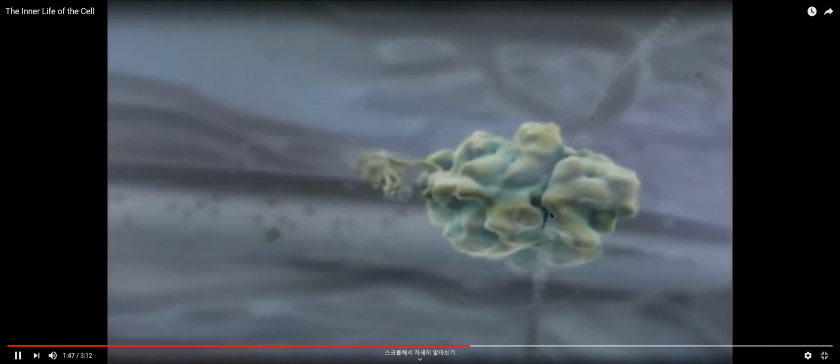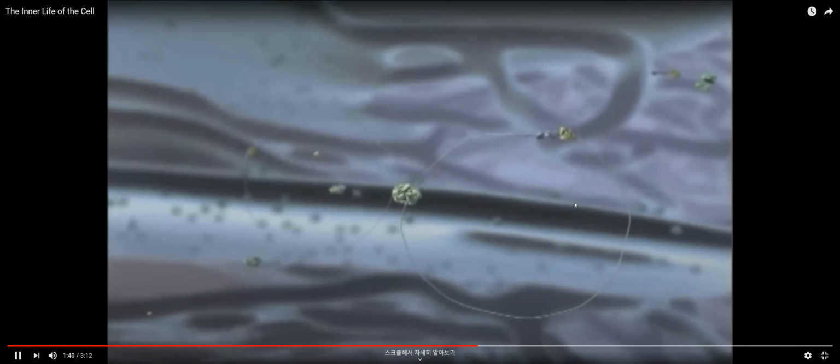Okay, so now this is the nucleus structure, and this is the nuclear pore. Here, those RNAs and ribosomes are exported into the cytosol, and then the ribosomes are attached on the endoplasmic reticulum, and the two components of the ribosome are attached to each other, and they start to synthesize protein.